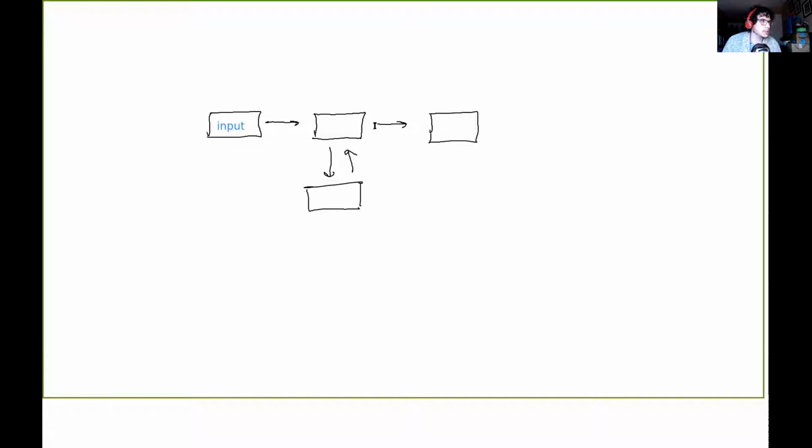Processing. We have our outputs. Output. And then finally, we have storage.